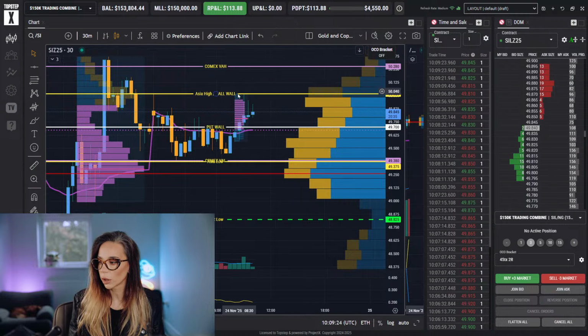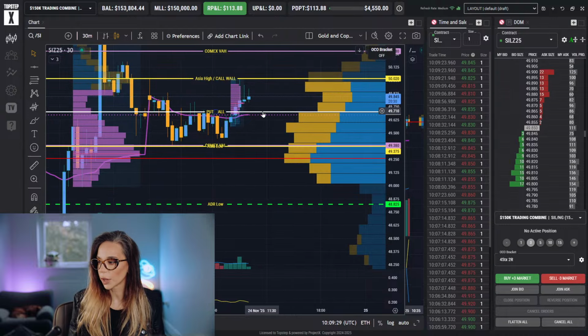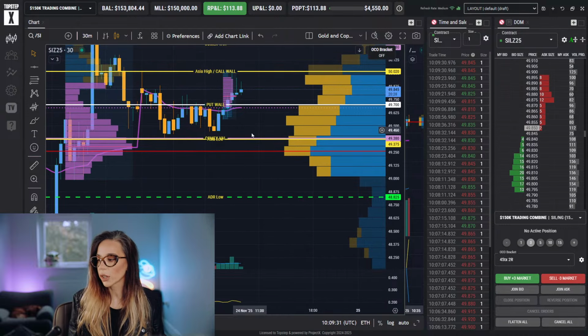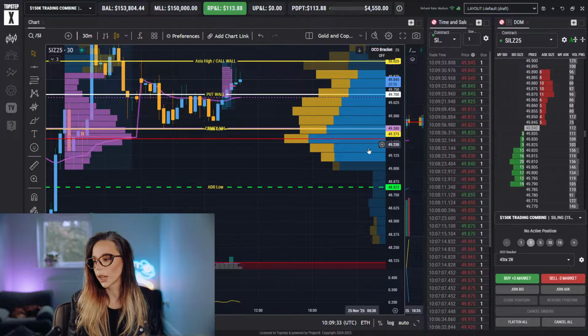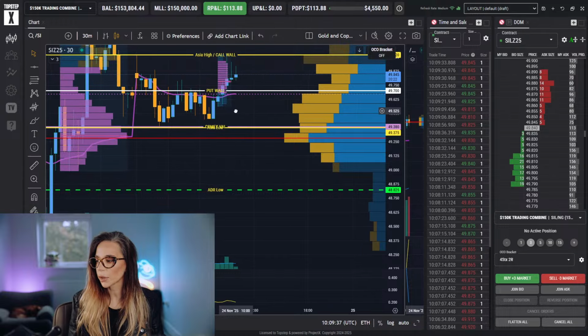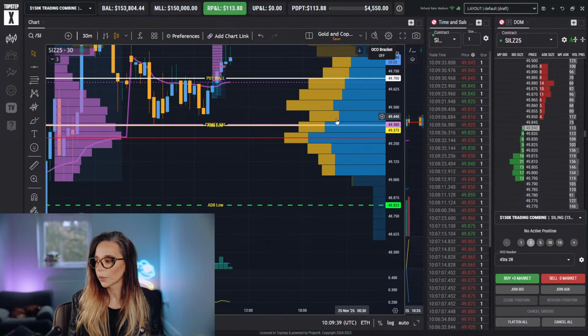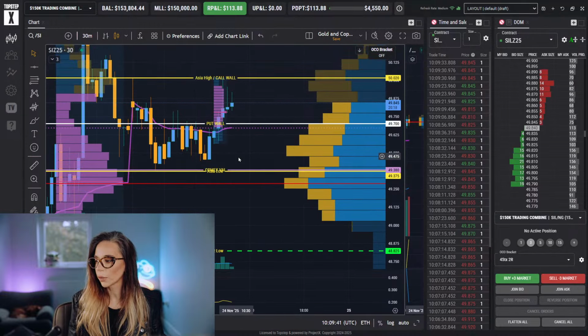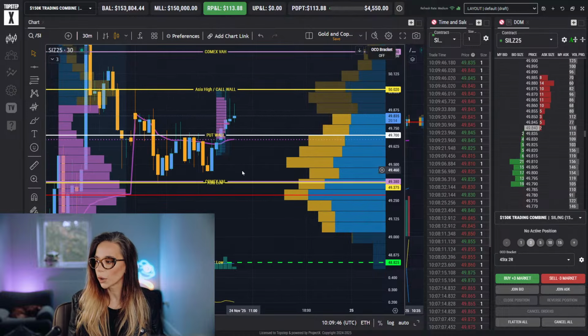So this call wall, smash through it, maybe reverse, small scalp down to 47.50, wait and see what happens into the London fix, maybe come down, take out this low, then maybe we might have some longs. But until then, we're just not at any point where I would want to get involved.